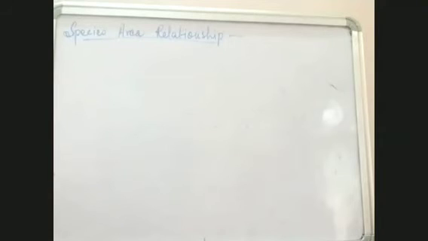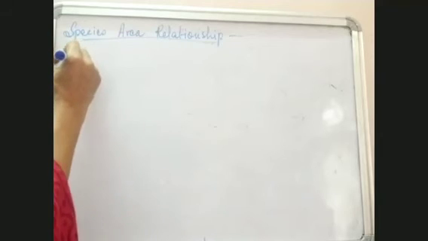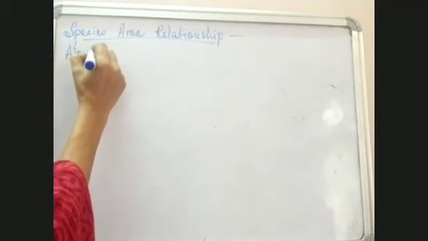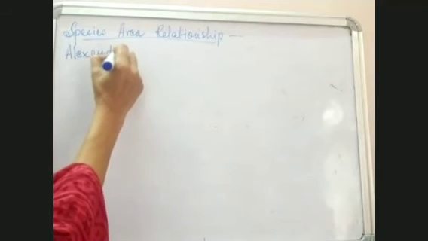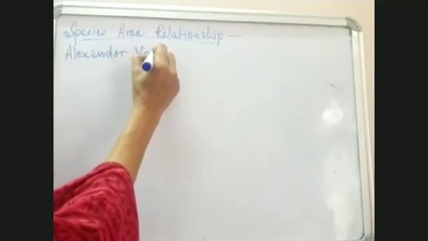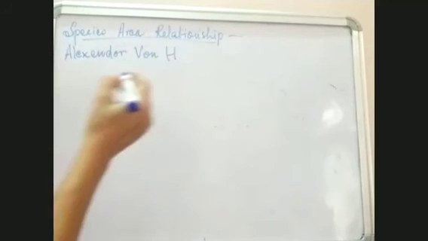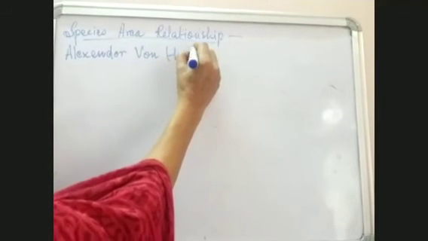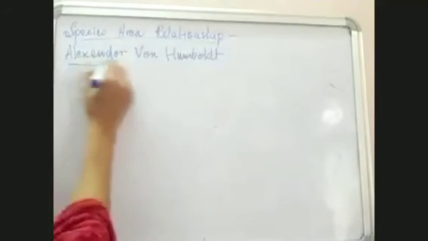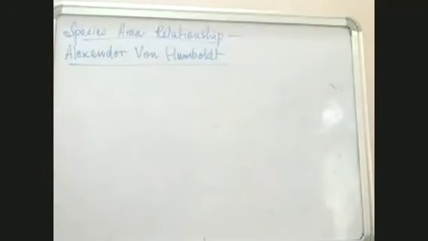Now, there was a researcher, a German naturalist and geographer. His name was Alexander von Humboldt. He was a German naturalist and researcher, a geographer also.